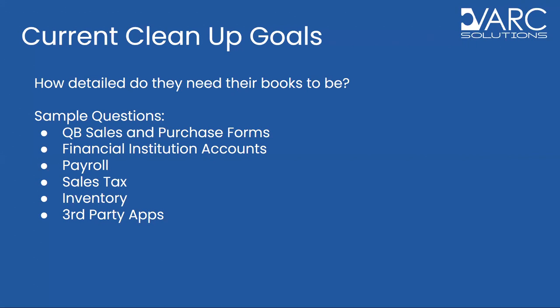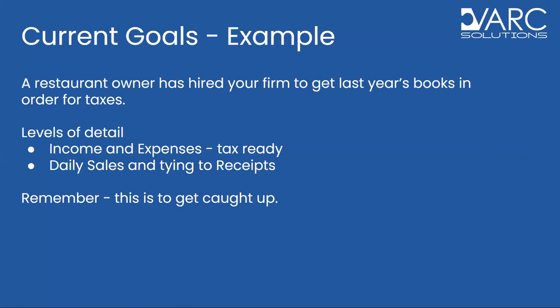So when talking about level of detail, what does a less detailed versus a more detailed entry look like? So you have a restaurant owner who has hired your firm to get the last year's books in order for taxes. Do they want very specific, high detail entered for last year, or do they just need income and expenses entered for taxes?